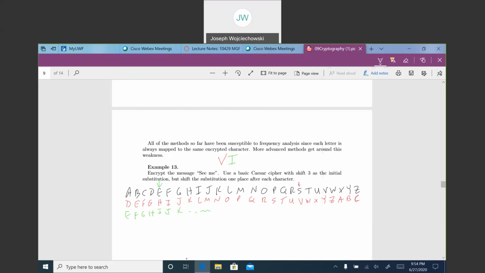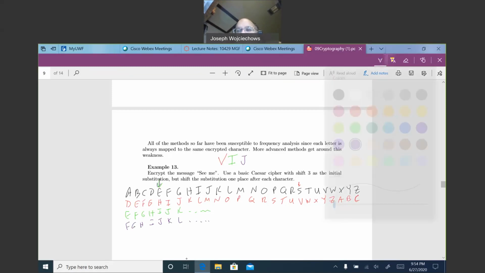Okay, so now we'll shift to the next. It starts with F. And so on. And there's the E again, and that gives me a J. Okay, we need to shift it again.